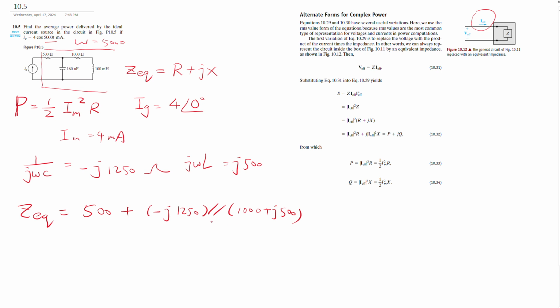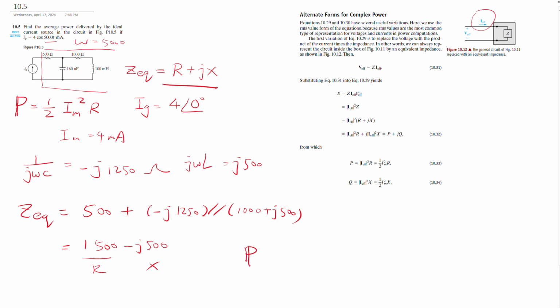So these two impedances in parallel, plus 500, and in the end you get this one. This is the equivalent in R plus jX form.